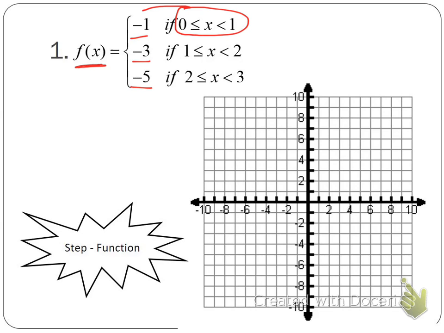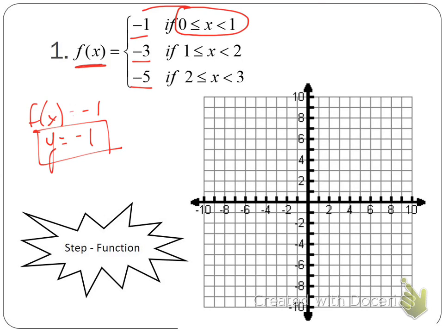So for example, the equation, it's f of x equals -1. We can always replace that f of x with a y. Y equals -1. This is an equation that is going to be the graph for this part of the domain, this part of the x-axis. So let's start breaking our x-axis up.